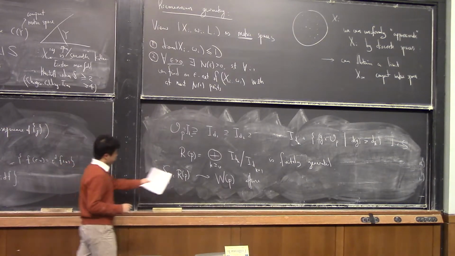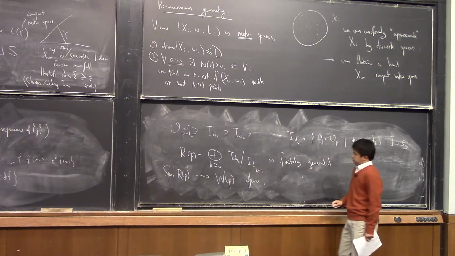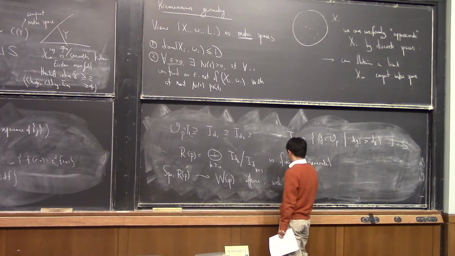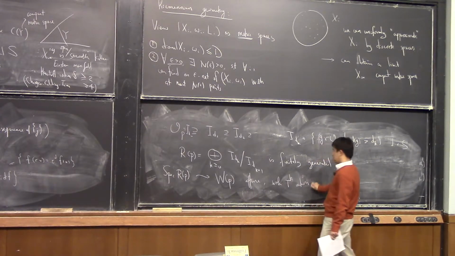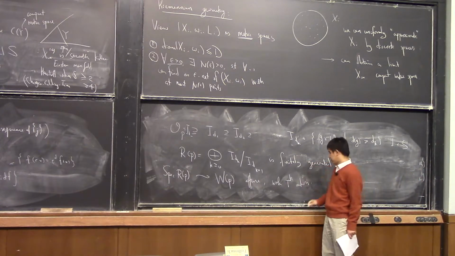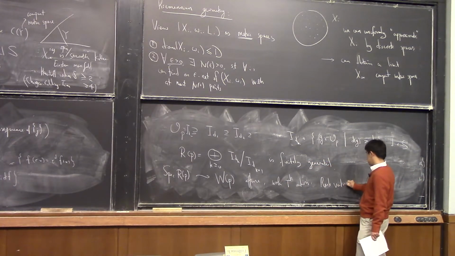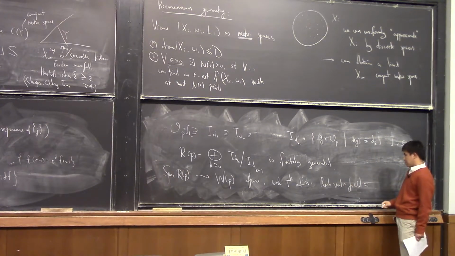So W_P will also come with the T^k action. And because of the way we define it, this also has a Reeb vector field, the same as xi.